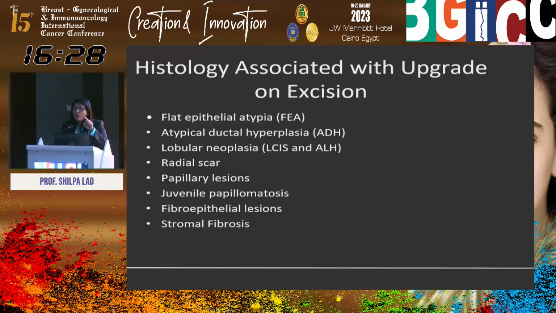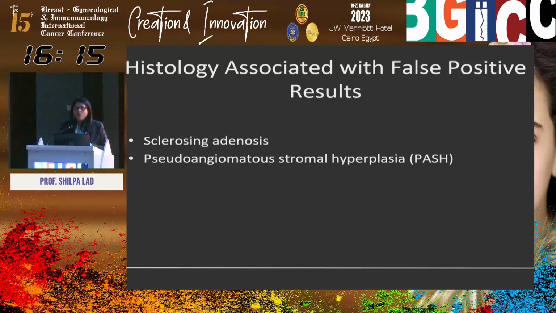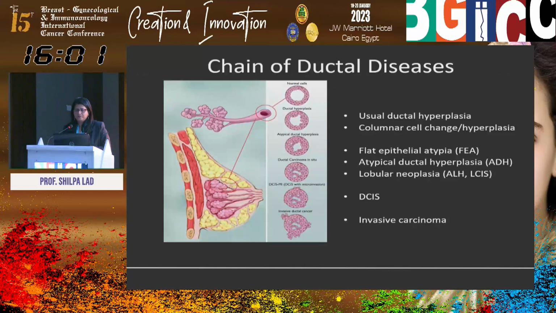Okay, so your first biopsy with a 14-gauge needle, if it shows any of these results, be more cognizant that you want to review imaging properly again and give appropriate recommendations. The histopathology associated with false positive, which means it is indeed benign, but it looks like a cancerous or a precancerous lesion, often happens with things like sclerosing adenosis and PASH.